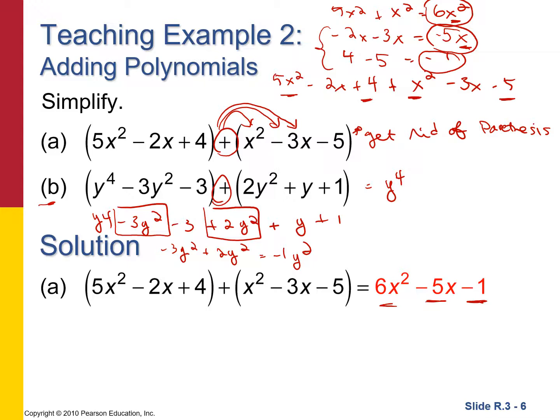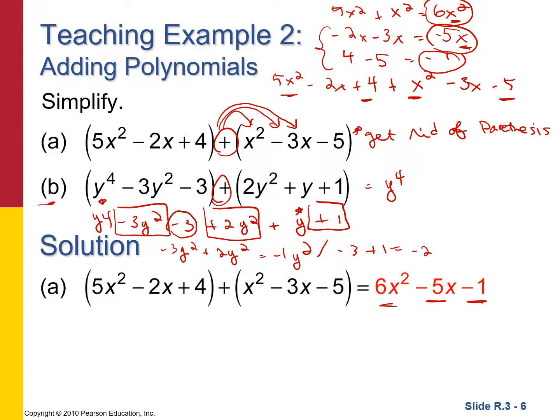And then we have minus 3 and plus 1. So notice the y and the y to the fourth do not have a like term, so I'm just going to keep working down here. Minus 3 plus 1. Again, notice, oh, no, not the same. Minus 3 plus 1 is minus 2.